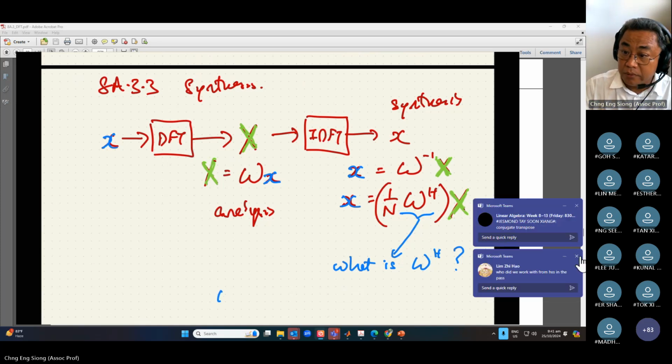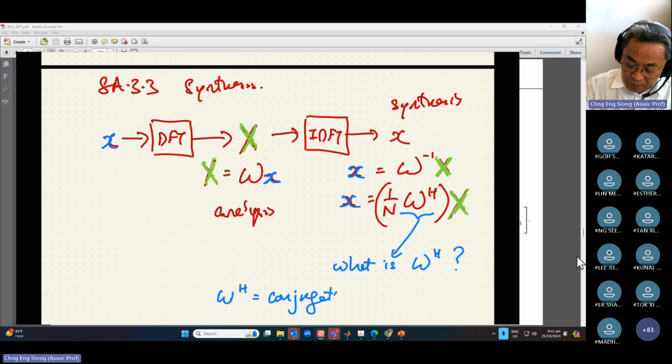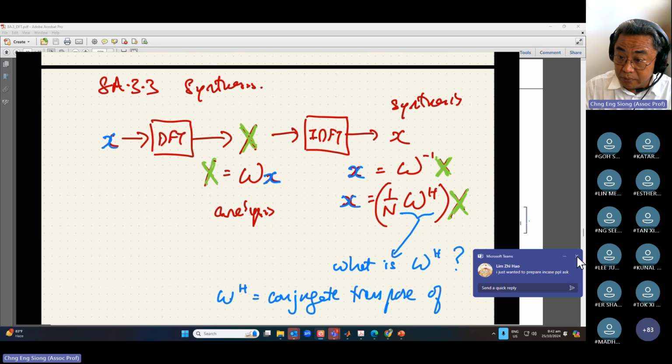WH is conjugate transpose. Very good. Conjugate transpose of what? W.